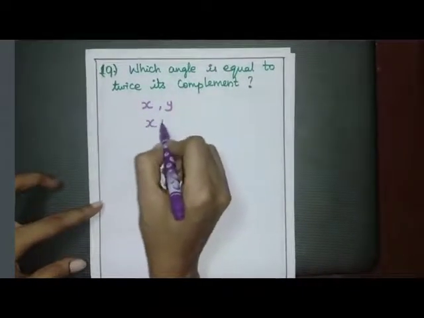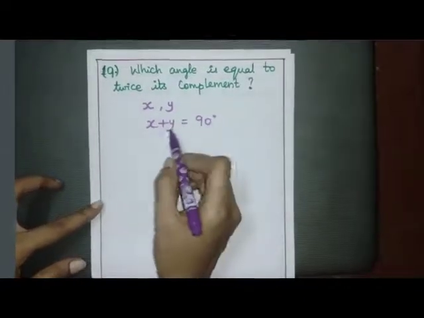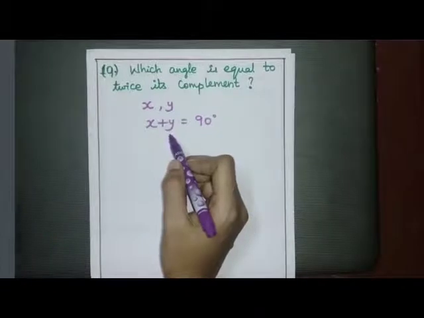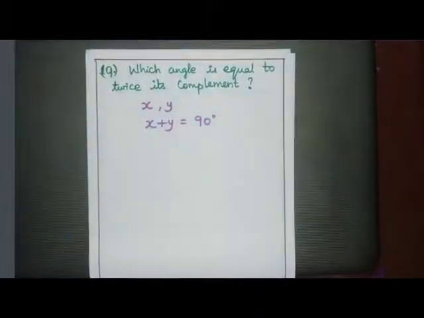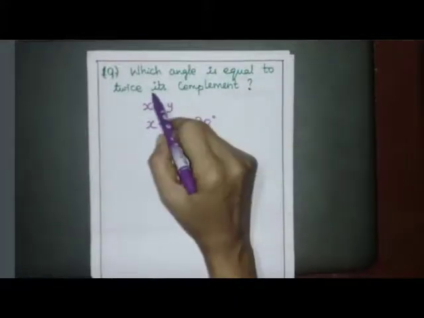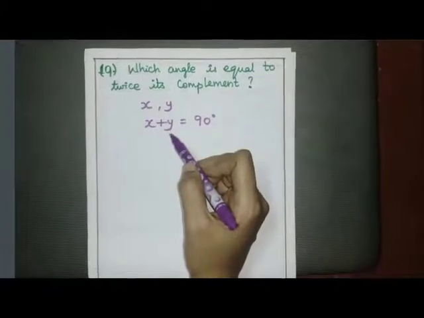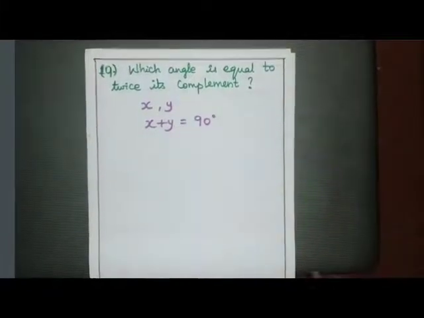So x plus y will give 90 degrees because these two angles are complementary. So what is the hint given? One of the angles is twice the other.